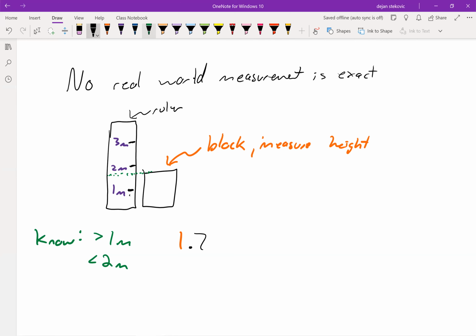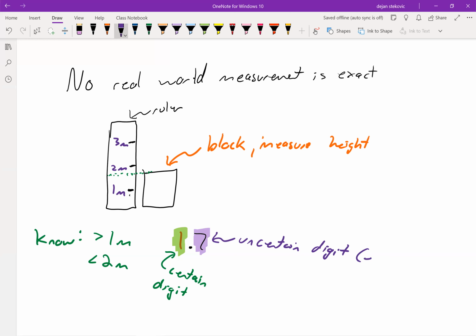This first number is a certain digit, and we know that one is true, right? It's obviously greater than 1 meter and less than 2 meters. This next number is the uncertain digit, and the uncertain digit is the estimated number.